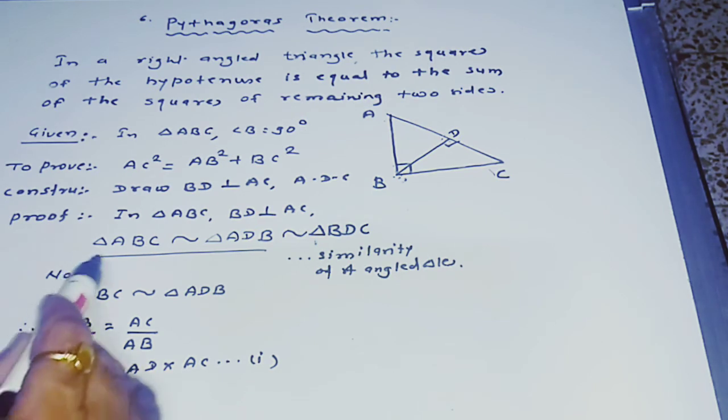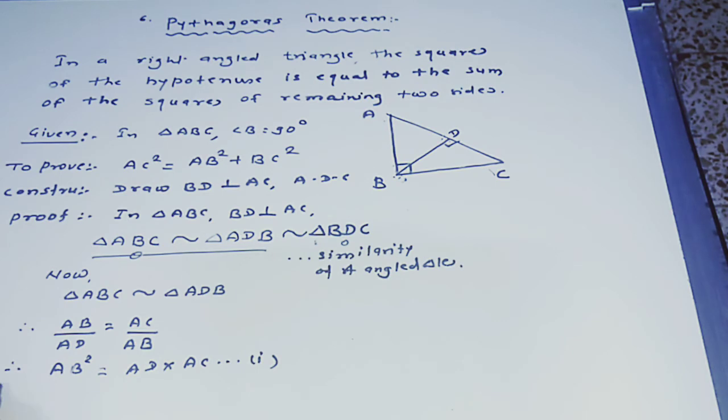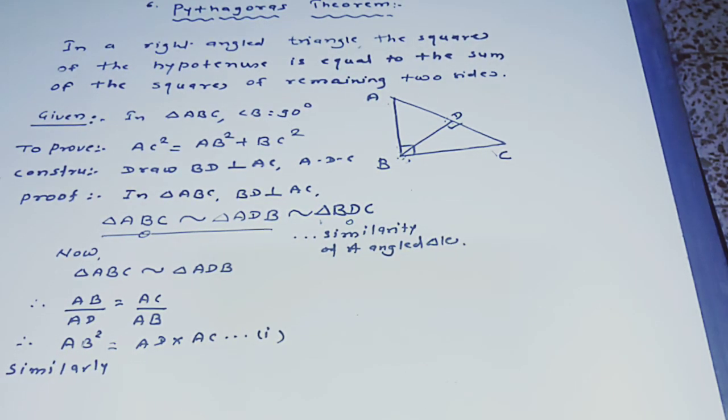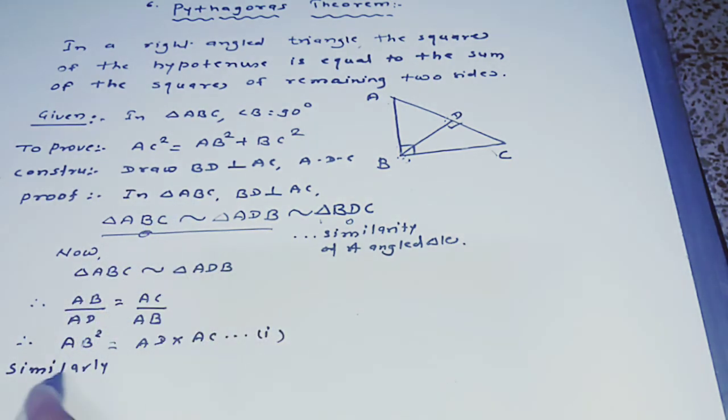Now similarly consider triangle ABC similar to triangle BDC.